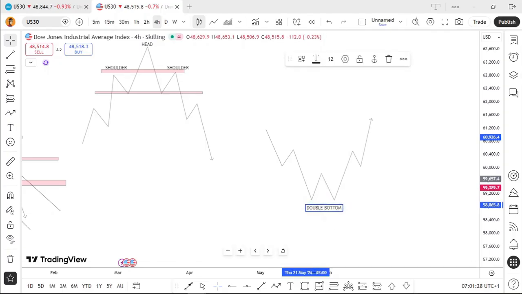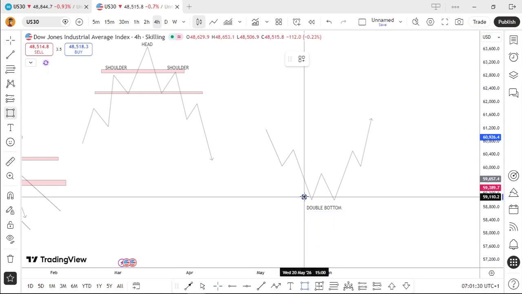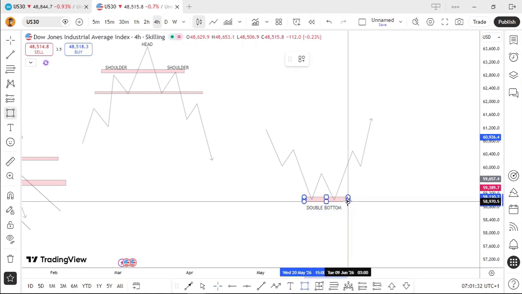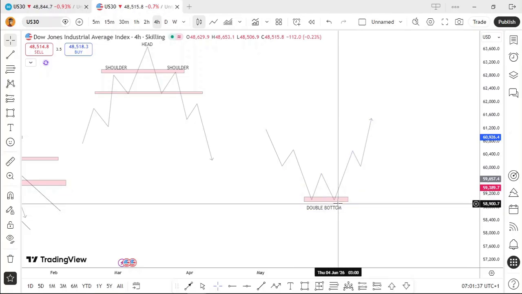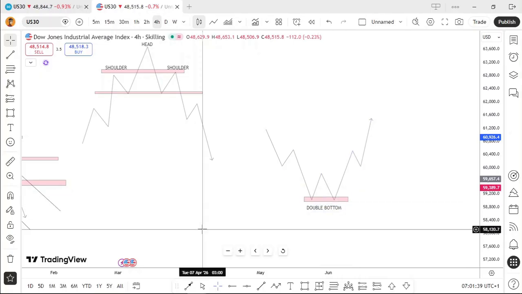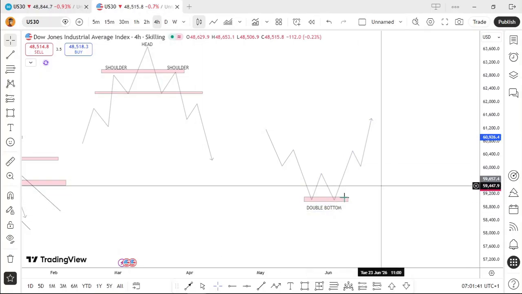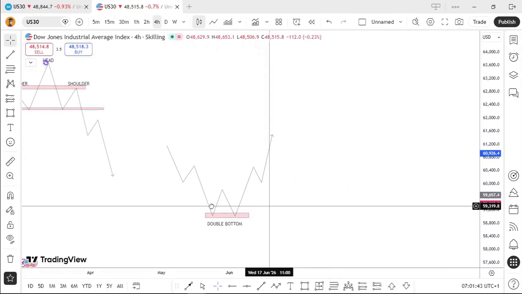Double bottom. You can see this is a double bottom. In a bearish market, the opposite of double top is double bottom, and the opposite of head and shoulder is inverted head and shoulder.